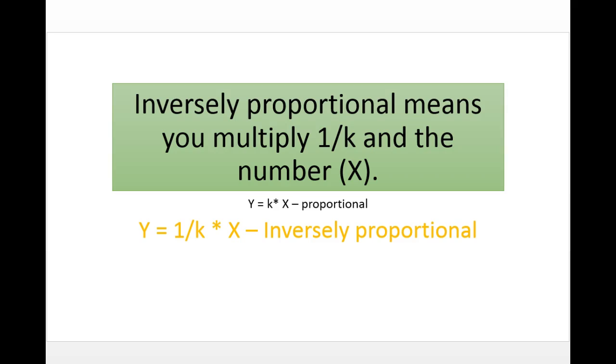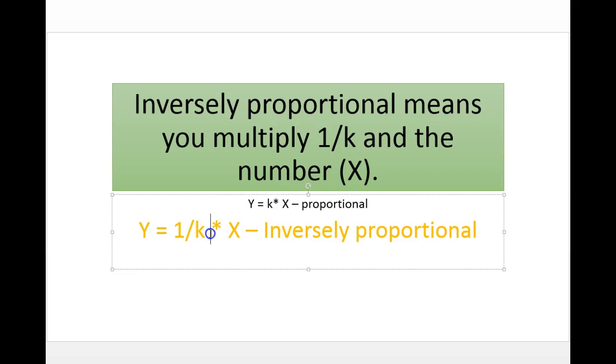Inverse proportionality means that you're multiplying by 1 over x. So y is equal to k times x; that's a proportional relationship. Actually, for inverse proportionality it should be k over x.